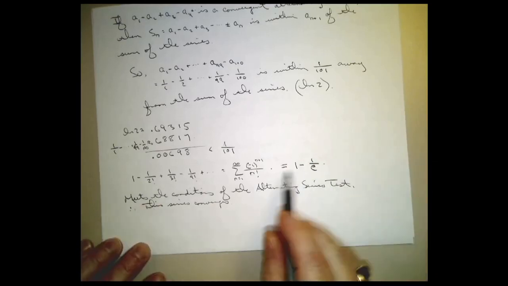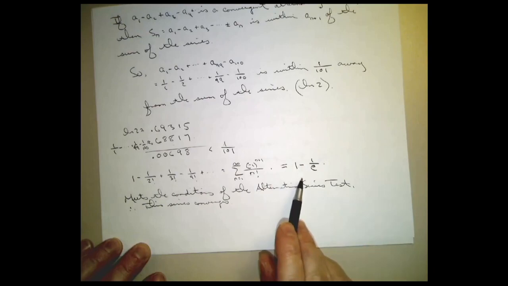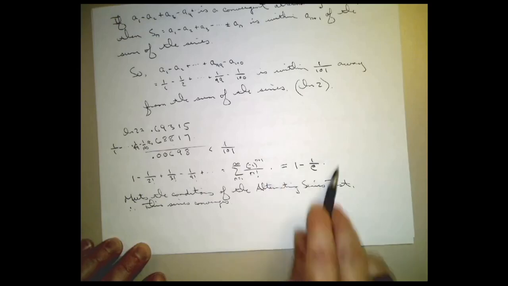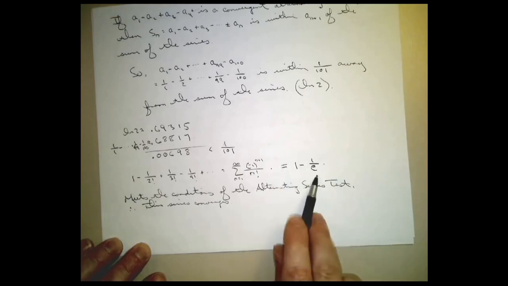And so knowing that will help you to verify that the 10th partial sum is within 1 over 11 factorial away from the sum of the series, within 1 over 11 factorial away from this number right here.